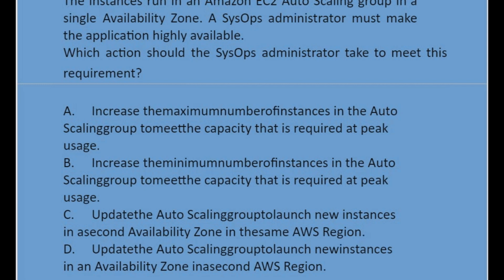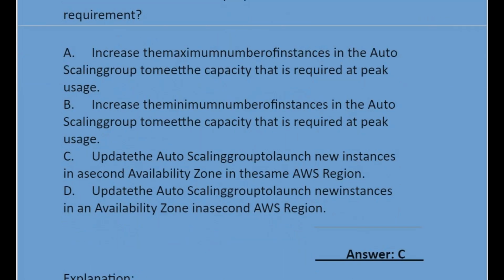Option C, update the Auto Scaling group to launch new instances in a second Availability Zone in the same AWS Region. Option D, update the Auto Scaling group to launch new instances in an Availability Zone in a second AWS Region. Correct answer is option C.